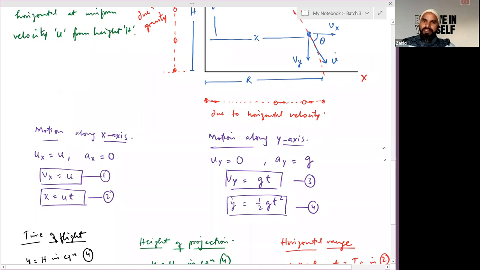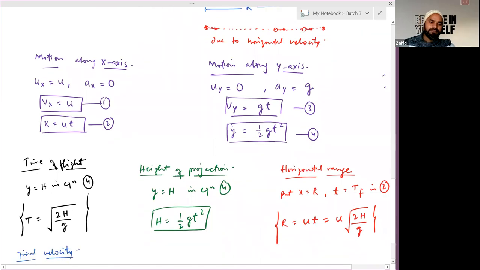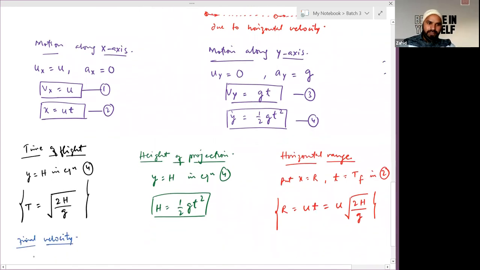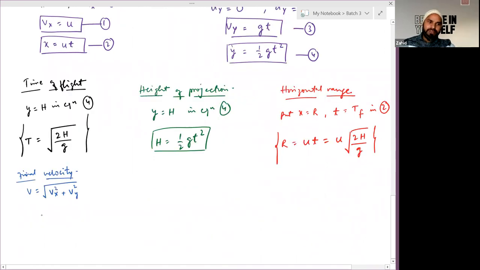So if you have to find V, that resultant of these two terms, it will be V is equals to root under Vx squared plus Vy squared, in which Vx is equals to u and Vy is equals to g into t. So Vx will be equals to u and Vy will be equals to gt.